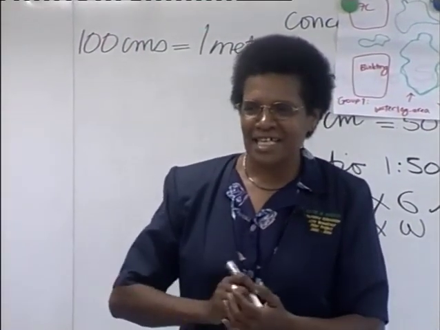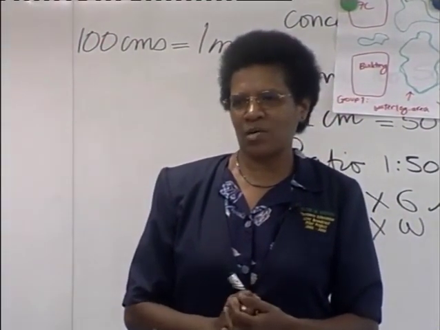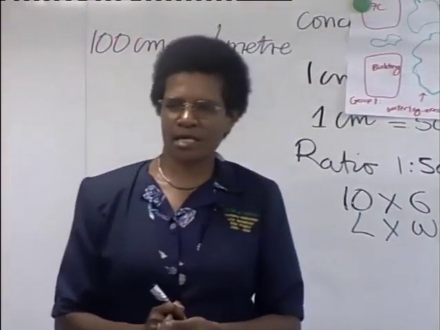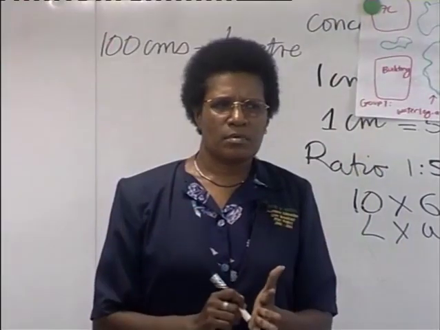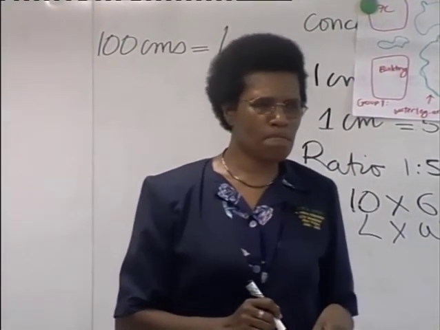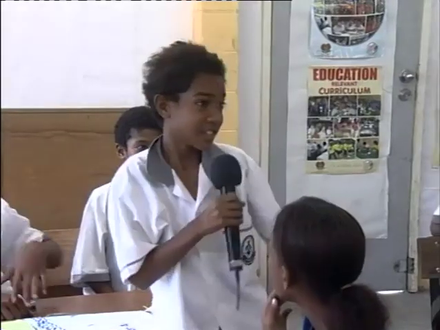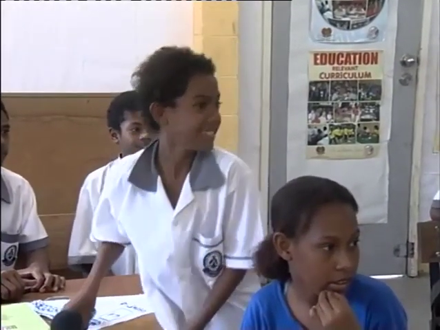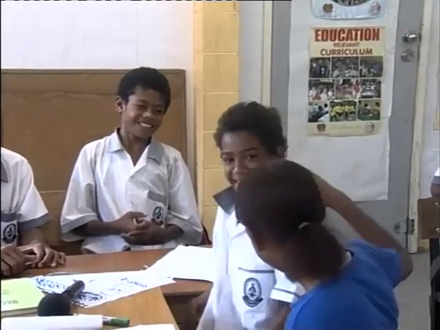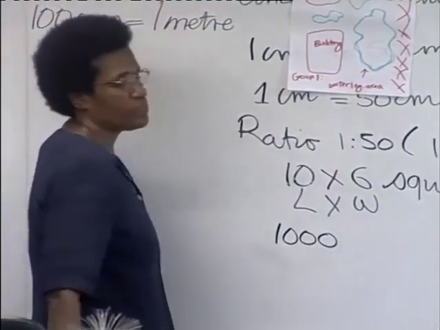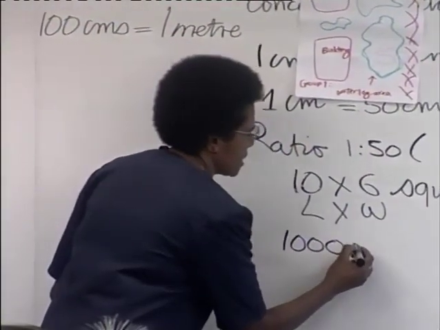Yes, Paul D. Okay, I'll make that the last and I will have to give you the answer. 50,000 centimeters. Now, what do you do to get the answer? Okay, Tulanga wants to try. 60,000. Now, it's 1,000 centimeters.